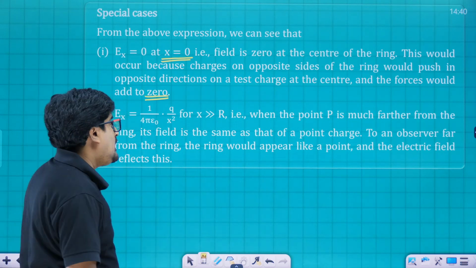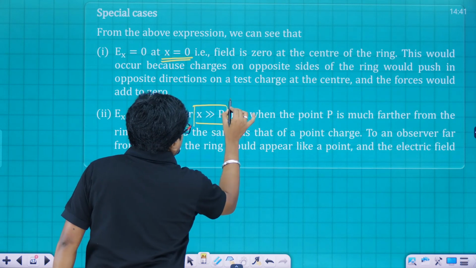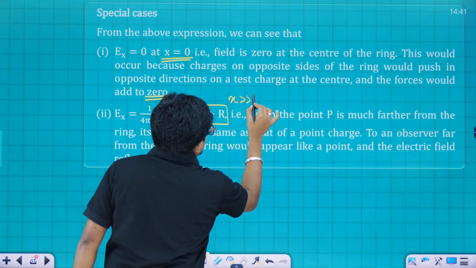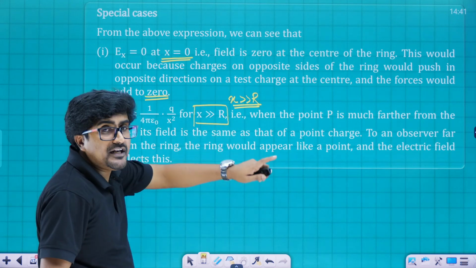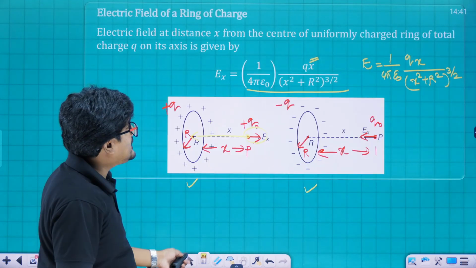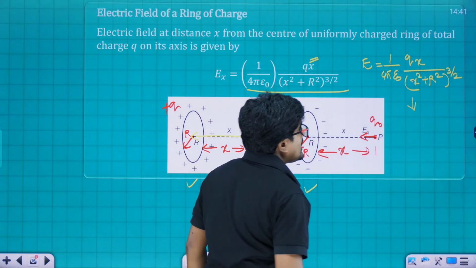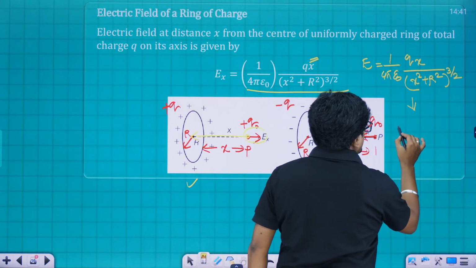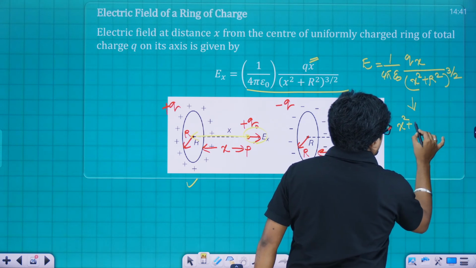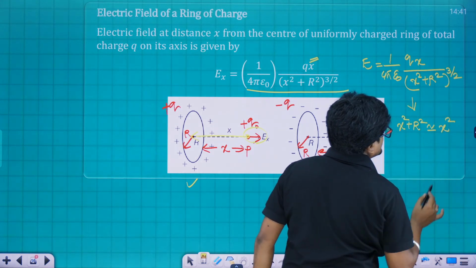Special case number 2: what if x is very much greater than capital R? In that case, consider this equation. X is very much greater than capital R, which means x square plus capital R square is approximately equal to x square only.